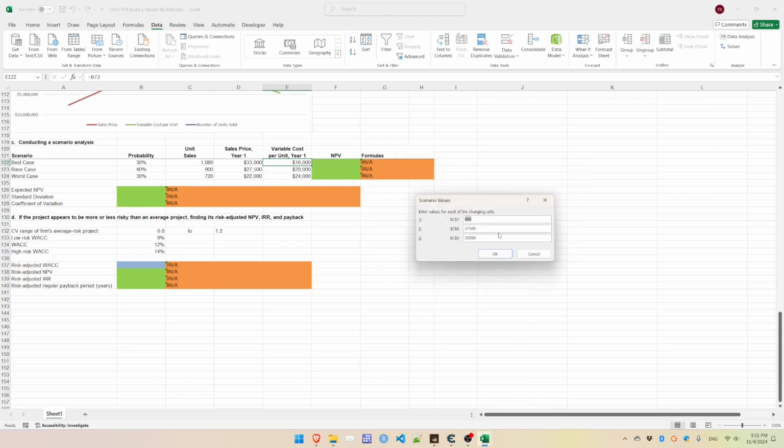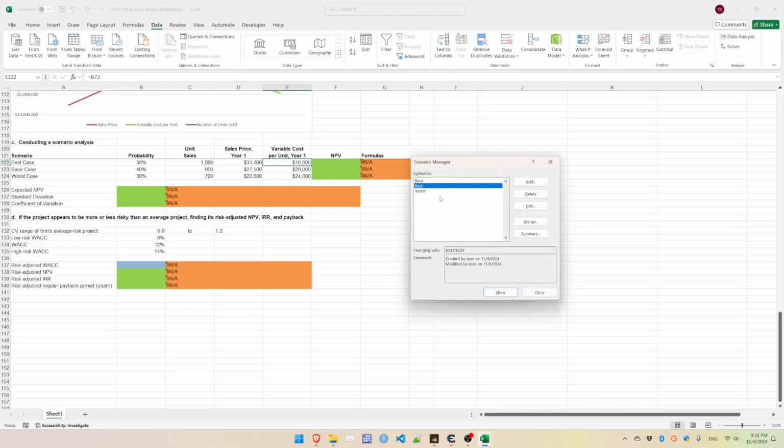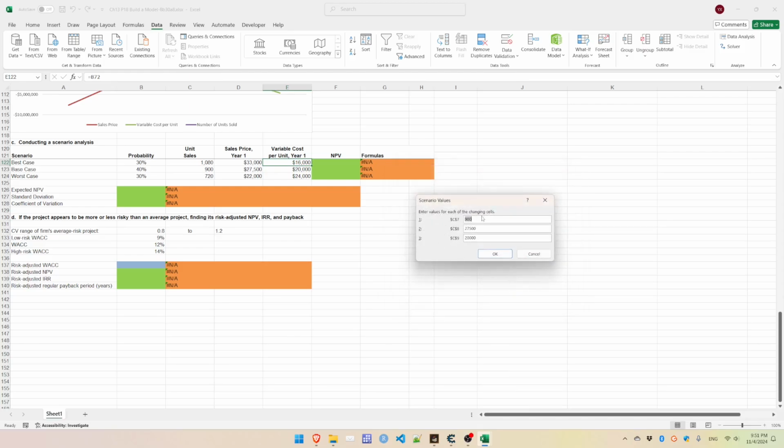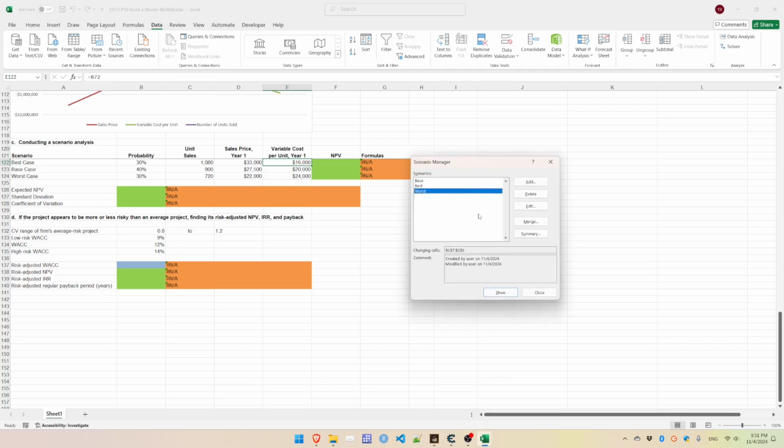So that's the 3 scenarios. The worst case scenario, I just want to edit it and say okay. And then the worst case is going to be 720, 22000, and 24000. Okay, so that's the 3 scenarios.